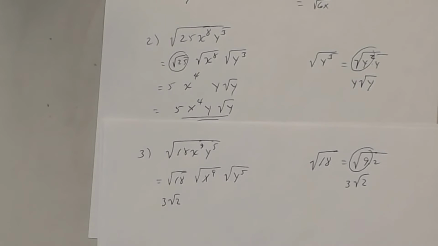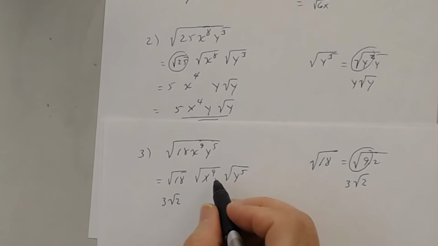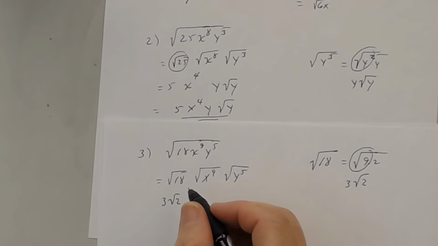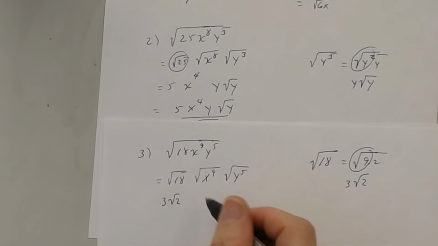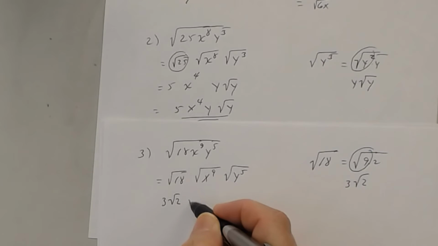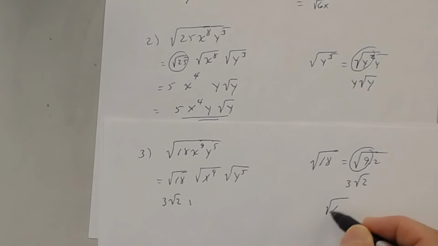Now let's go about x to the 9th. So 9 is not divisible by 2. So I know that I'm going to end up with a square root as part of my simplified expression. So I need to rewrite the square root of x to the 9th as the square root of x to some exponent times the square root of x. Now what's going to be the exponent I'm going to use? x to the 4th, x to the 5th?